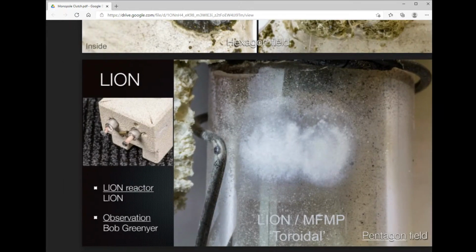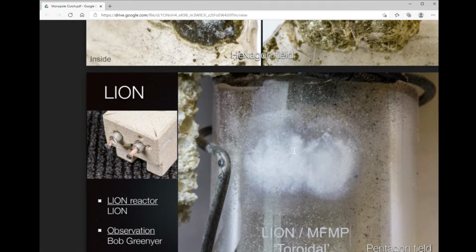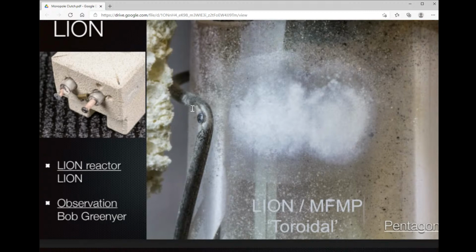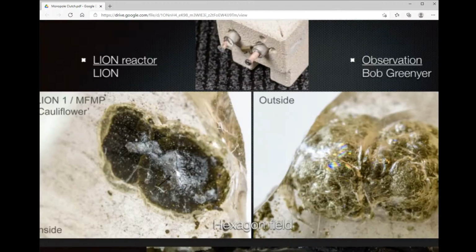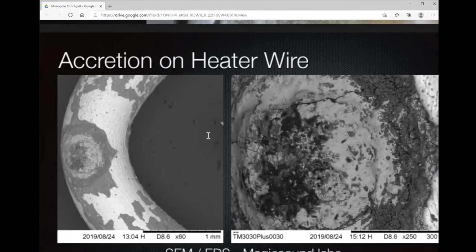Okay. So what I'm trying to draw your attention to here is this part on the Lion reactor, and it is the deposit that came on this corner in the metal bend. Now you've got this magnetohydrodynamic double structure here, and I describe what I believe that is later.